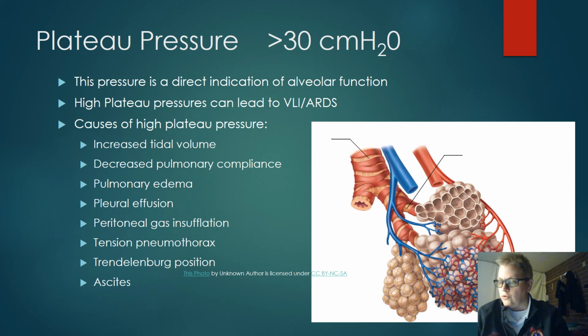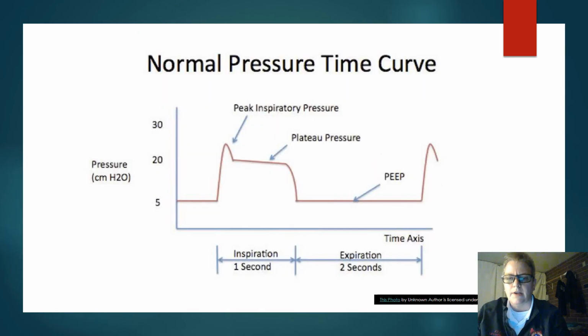I'm going to show you a time curve or a pressure curve, and then I'm going to explain what your peak inspiratory pressure or your PIPs are and where your plateau pressure is. Now, when we are looking at our waveform on our ventilators, we can check a plateau pressure. And I have a video in here on how to check a plateau pressure.